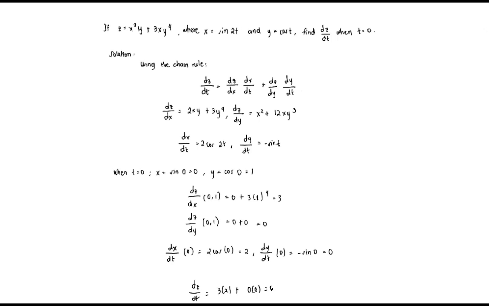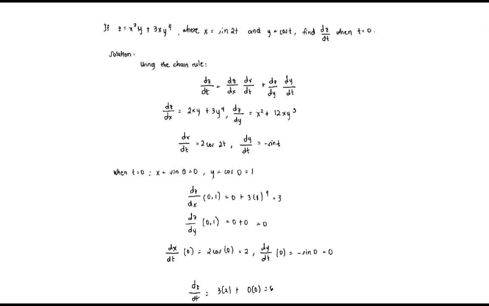So if z is equal to x squared y plus 3x y to the fourth, where x is equal to sine 2t and y is equal to cosine t, find dz/dt when t is 0. So it has a condition that t is 0. For our solution using the chain rule, we have dz/dt equal to partial z over partial x multiplied by dx/dt, plus the partial z over partial y multiplied by dy/dt.